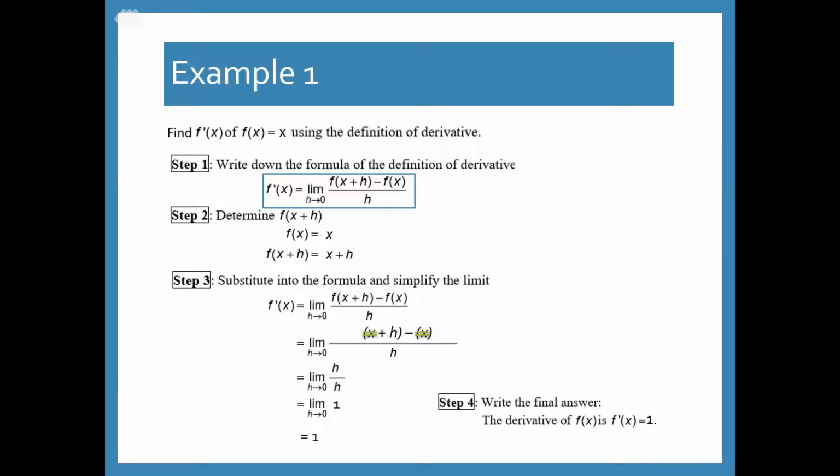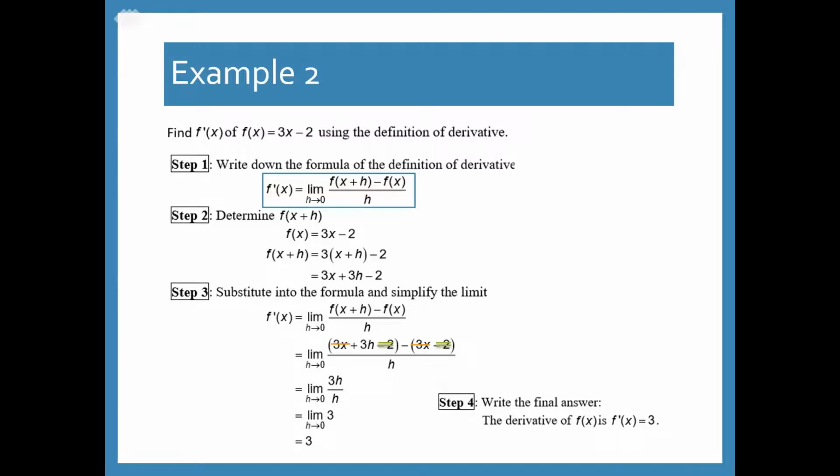Substitute this into the formula and simplify the limit. You will get x plus h minus x equal to h. So, h over h is 1. Thus, the limit of 1 as h approaches 0 is equal to 1. Therefore, the derivative of the given f(x) is equal to 1. Basically, there are 4 steps that you need to follow when finding the derivative using the first principle.